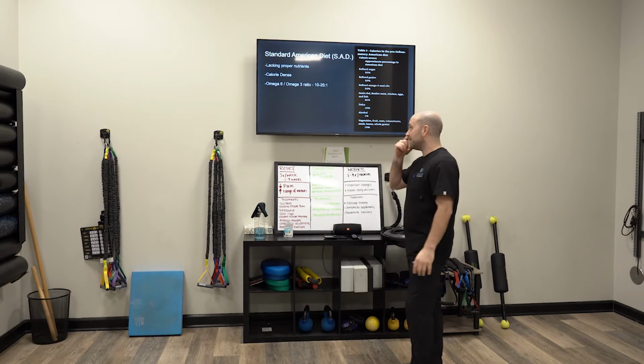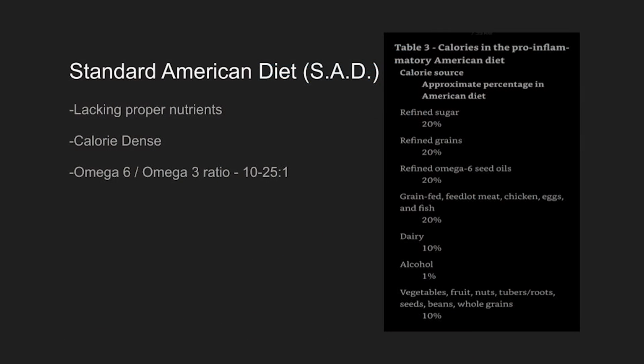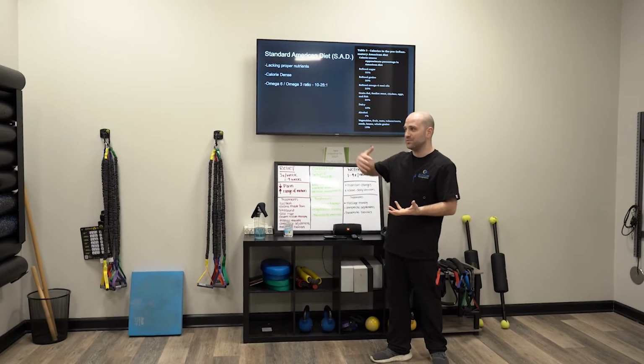The standard American diet is very high in calories, so it's calorie dense, and it's nutrient poor. As far as the omega-6 to omega-3 fatty acid ratio, we're looking at anywhere from 10 to 25 to 1, which we'll compare to an ideal ratio, but this is extremely high.